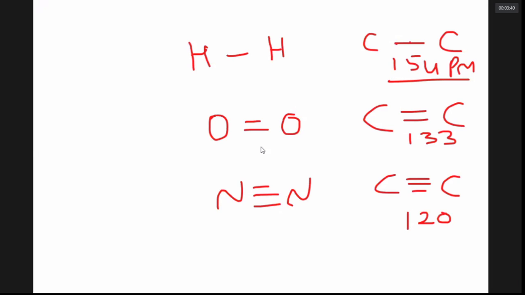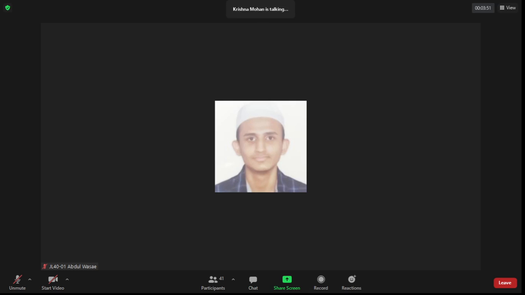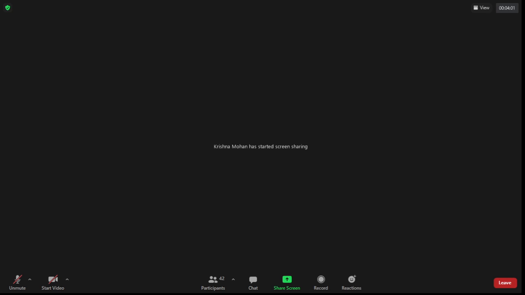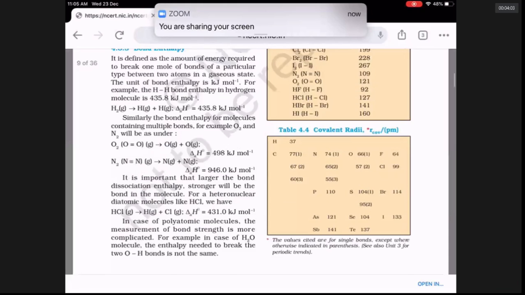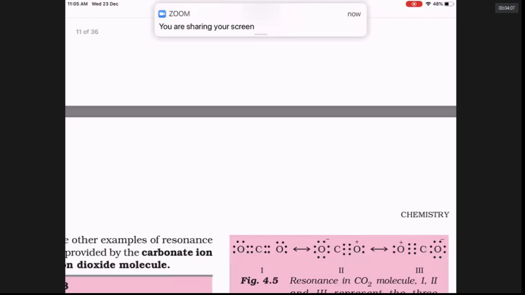If you look at the bond lengths, that is, the distance between two covalently bonded atoms, you can see a pattern. What pattern do you see? Let us try to see the pattern. Let us look at these values.